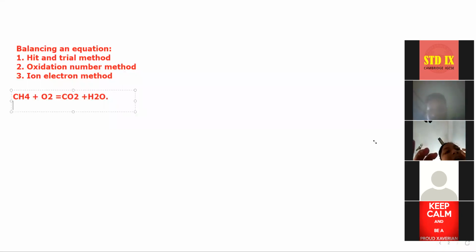Now, the normal way to balance is, in the left hand side, you should write C equals 1. Below that, H equals 4. And below that, O equals 2 in the left hand side.